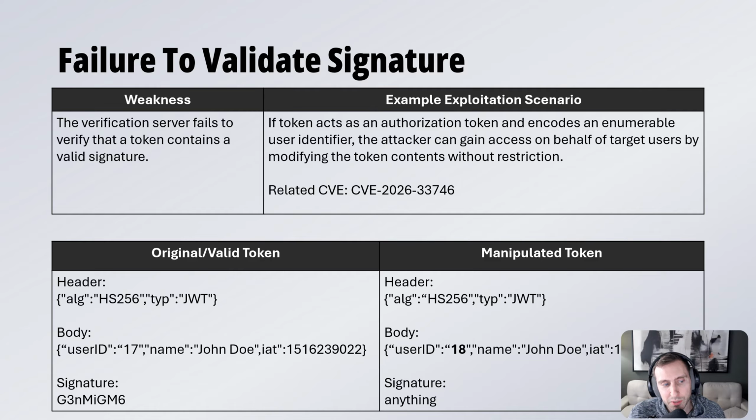So what I've done here with this example is I've come up with a scenario where a JWT is used as an authorization token, and that is self-encoding of the properties of the user. So it includes the user ID, and a very obvious attack would be if we can submit a token and manipulate it and have the application trust it, then we could manipulate it to reference a different user ID in order to gain access to that user's data.